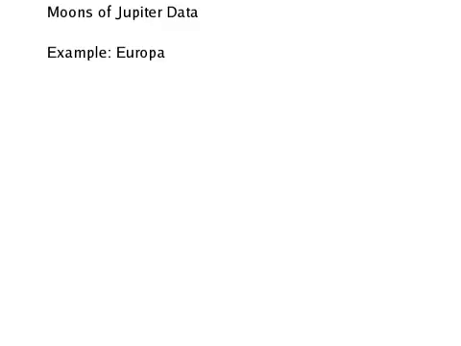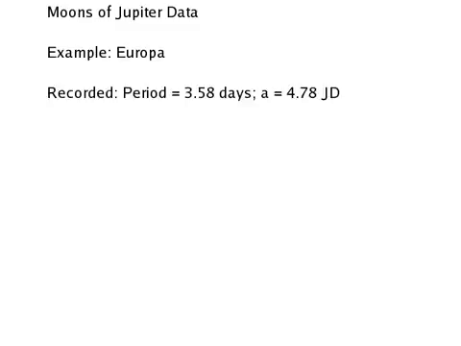I messed up my units here. The period is in Earth days because we do our observation on Earth time. And the A, 4.78, was in Jovian diameters. So JD stands for Jovian diameters.